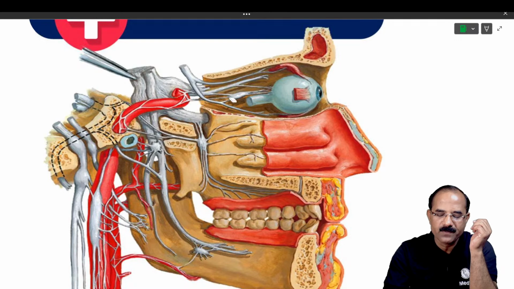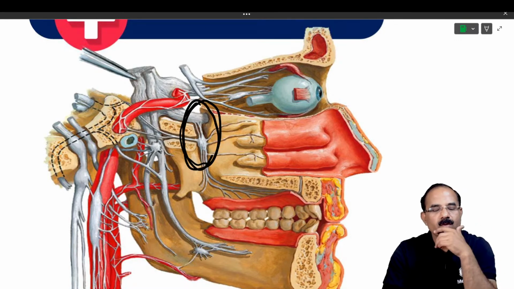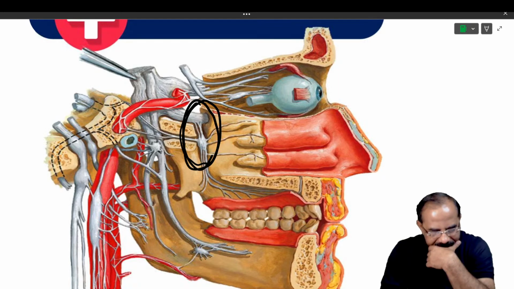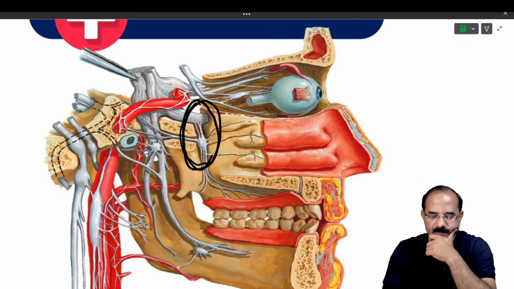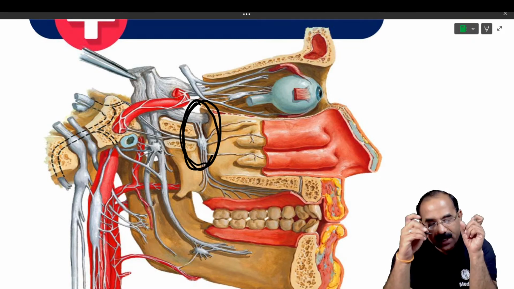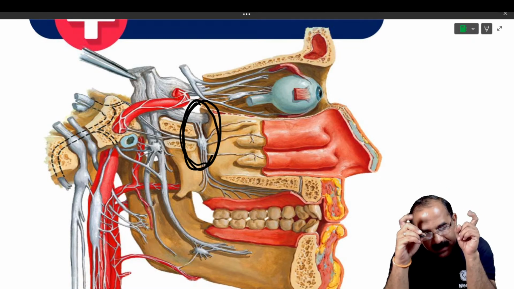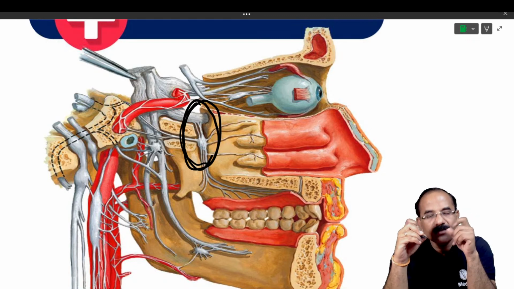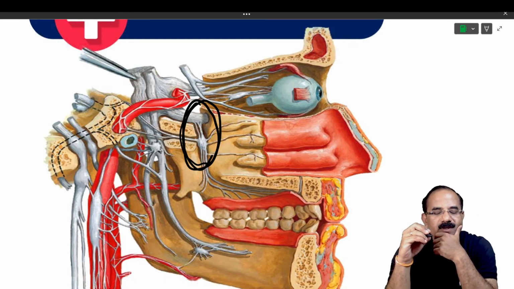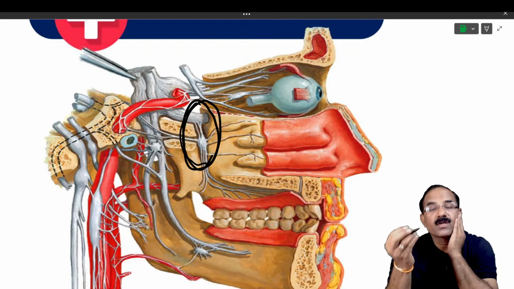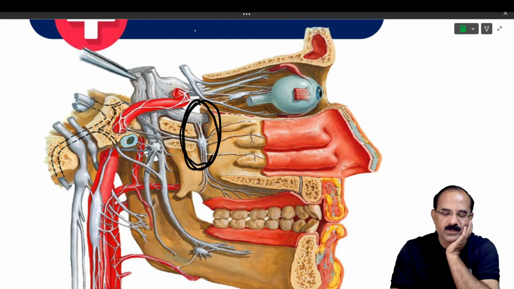What is this relation? The nerve is suspending the ganglion. The ganglion is hanging from the nerve. What is that relation? Structural. That's structural relation.